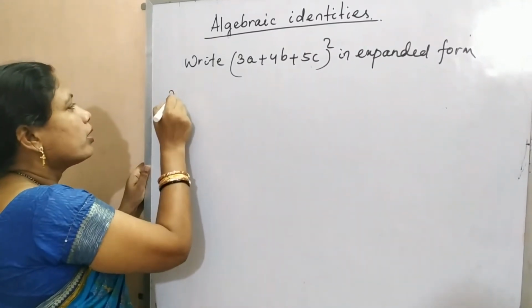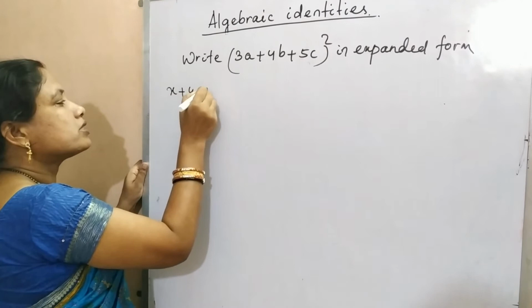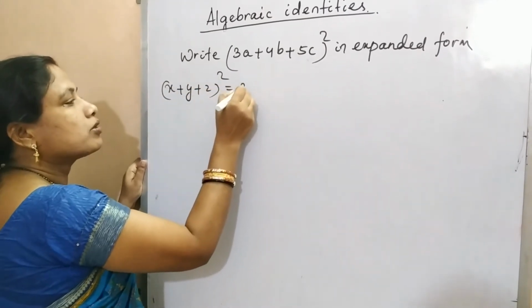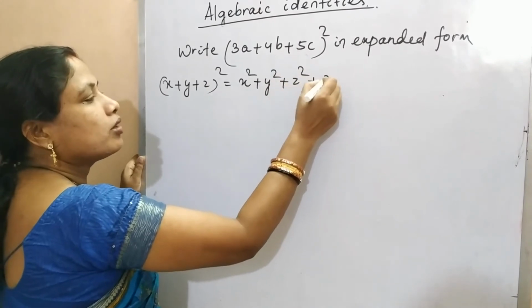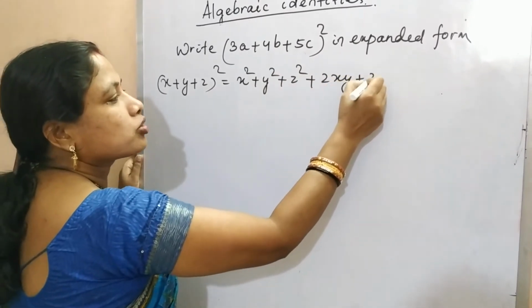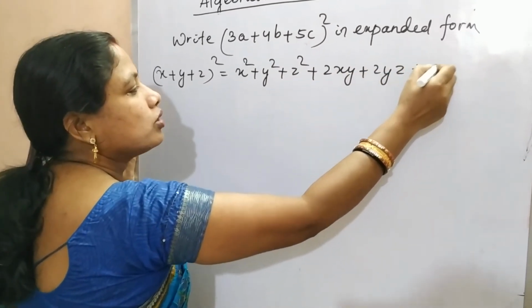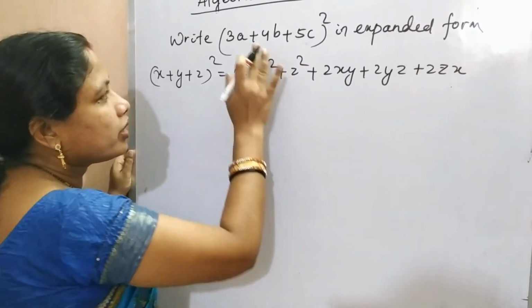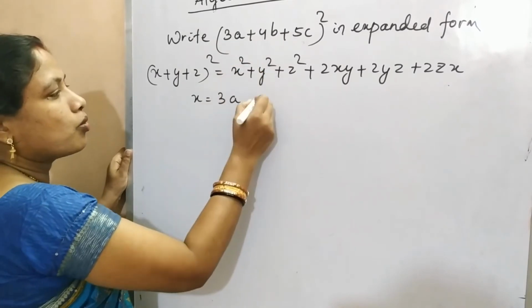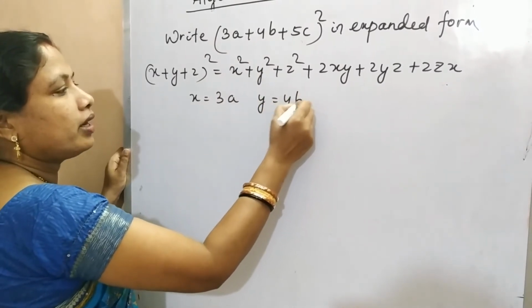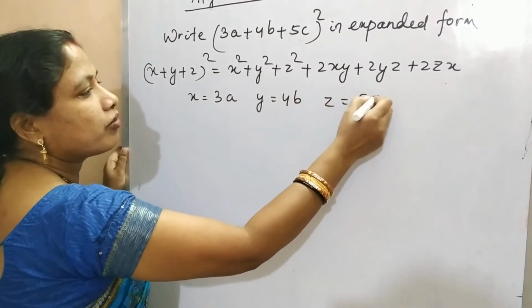We know x plus y plus z whole square is equal to x square plus y square plus z square plus 2xy plus 2yz plus 2zx. So here our x is equal to 3a, y is equal to 4b and z is equal to 5c.